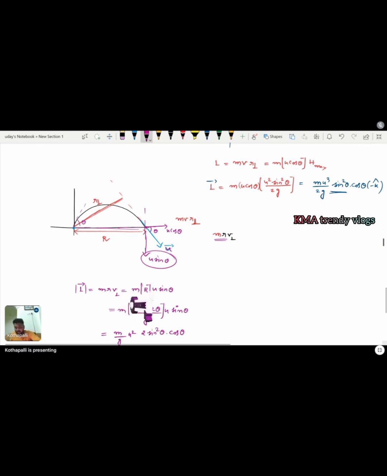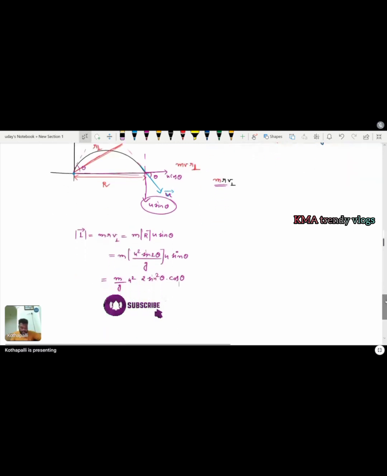So the final answer along with the direction will be 2 m u cube by g into sin square theta into cos theta in the minus k cap direction. Clockwise direction only, obviously, like the previous case. Sorry, u cube. Okay, this is by one condition.